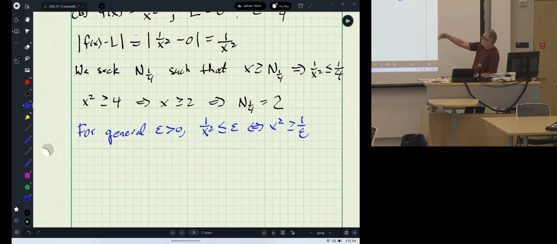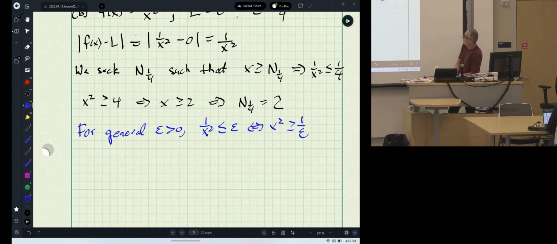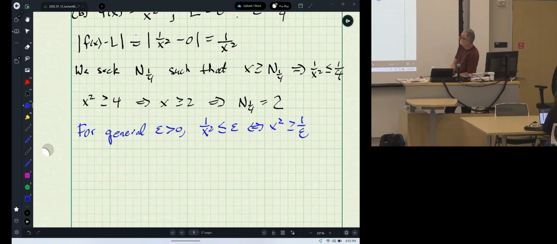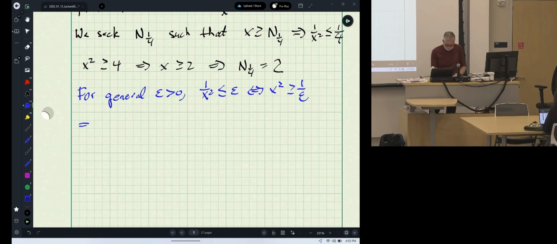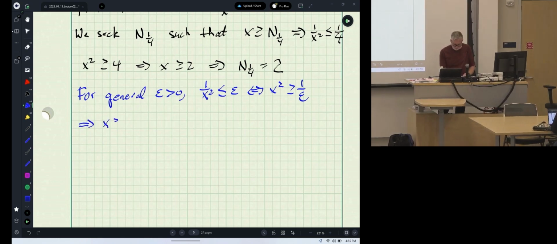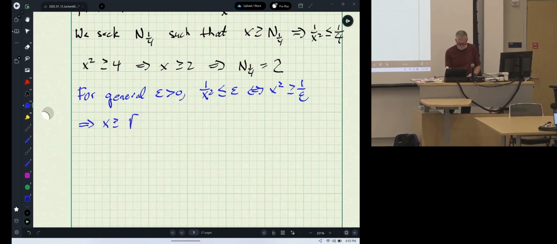So we invert each side of the equation to do the algebra. Since everything is positive, inversion flips the sign of the inequality. And then that implies we need x greater than or equal to the square root of 1 over epsilon.